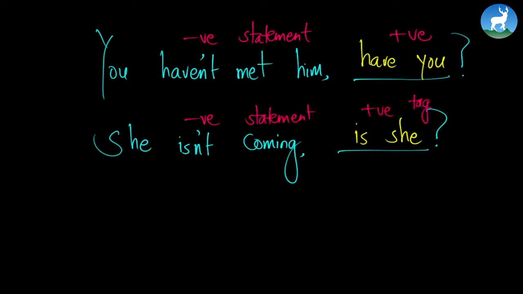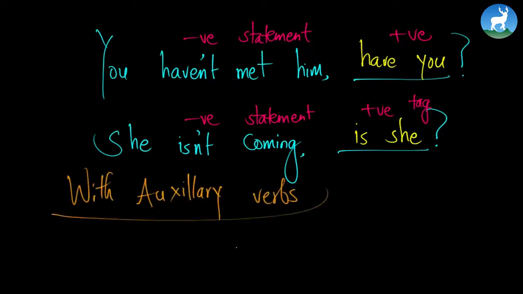Alright, so let's talk about rules when it comes to auxiliary verbs. Before that, let us remember that the question tag uses the same verb as the main part of the sentence. If this is an auxiliary verb, like it could be have, it could be, so these are auxiliary verbs and the question tag is made with the auxiliary verb.